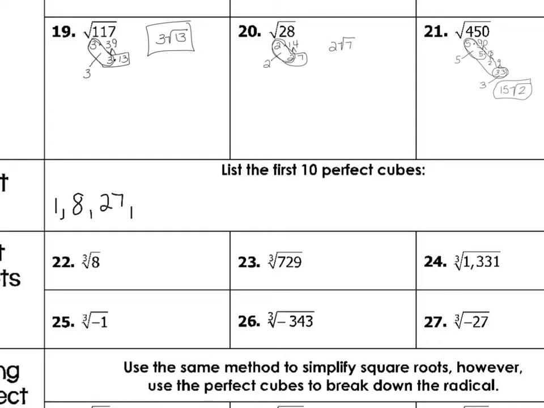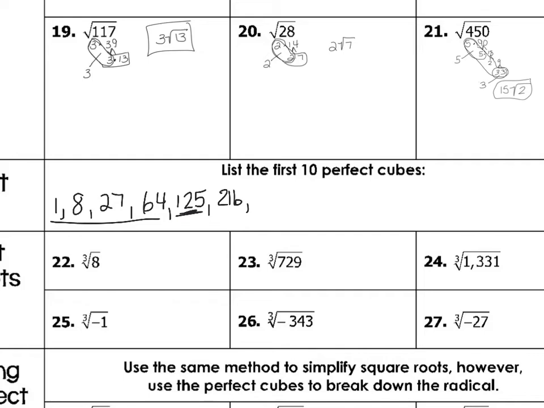And then 4 to the 3rd power is 64. 5 to the 3rd power is 125. 6 to the 3rd power is 216. And don't worry, I don't know these by heart either. I know these, and I know this one.